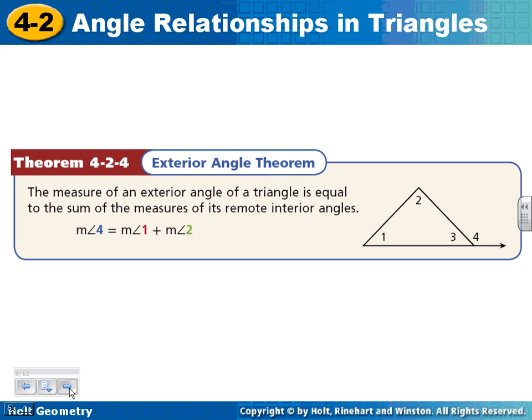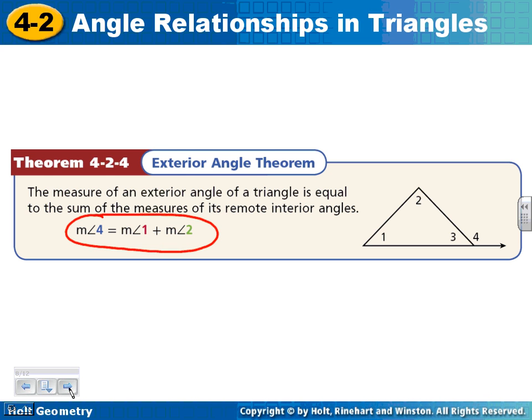It has to do with this theorem. It's called the Exterior Angle Theorem, 4.2.4, which reads, the measure of an exterior angle of a triangle is equal to the sum of the measures of its remote interior angles. Now look at the pattern here.